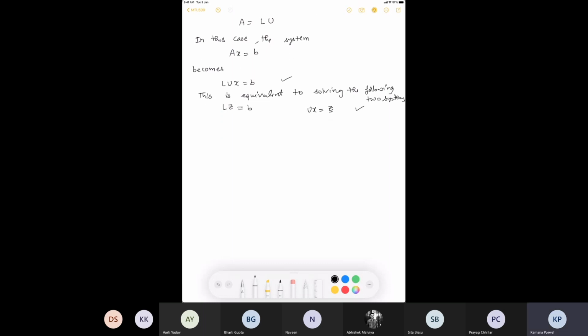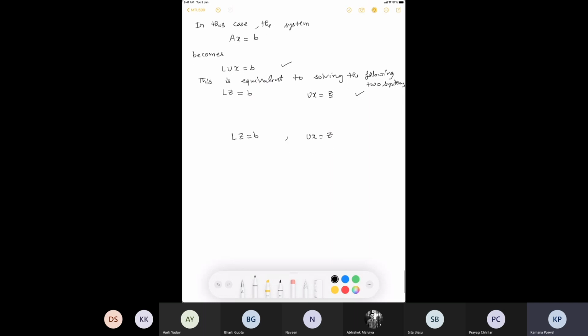Okay, so we have got that Lz is b and z here is satisfying Ux equals z. So note that b is given to you. So you can first solve for the z using this lower triangular system with the lower triangular matrix. And once you have found z, you solve for the x using this system with the upper triangular matrix, right?